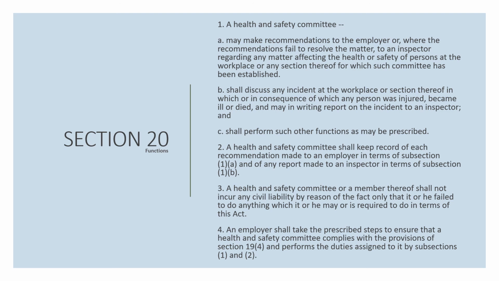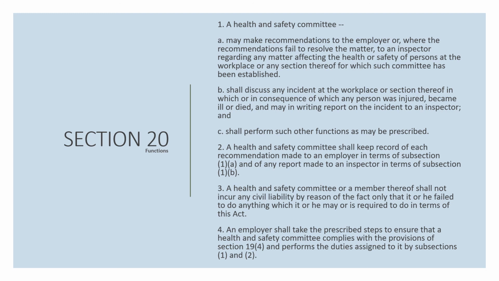Shall discuss any incident at the workplace or section thereof in which or in consequence of which any person was injured, became ill or died, and may in writing report on the incident to an inspector, and shall perform such other functions as may be prescribed. A health and safety committee shall keep record of each recommendation made to an employer in terms of subsection 1A, and of any report made to an inspector in terms of subsection 1B.